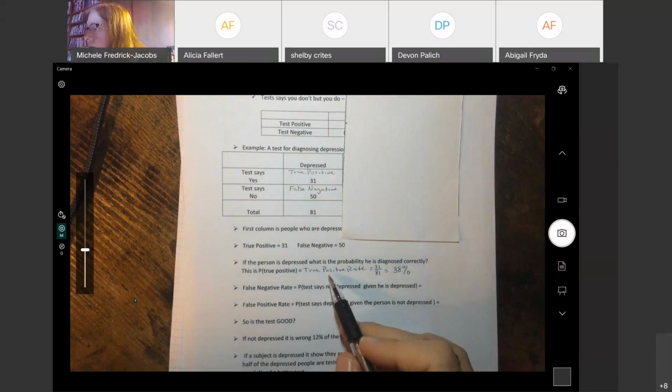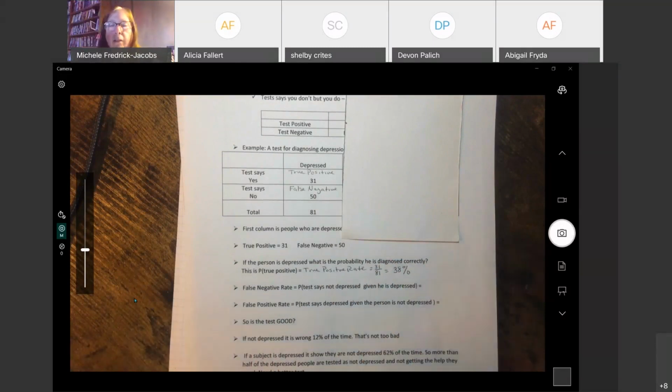So our true positive rate is 38%. For those who are depressed, it is accurate 38% of the time. Any questions on that?